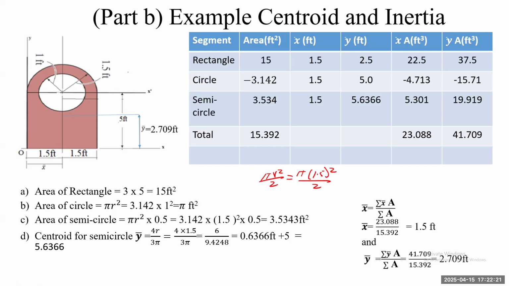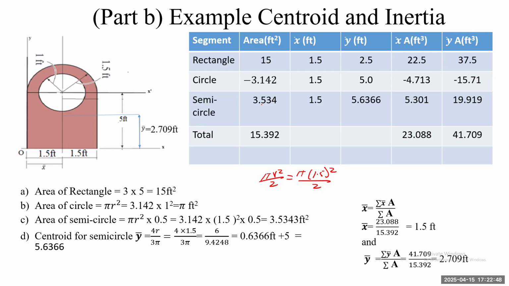Did anybody go through the problem? 1.5 square times pi, you get 7.068 divided by 2. Sir, 3.534. Yeah, right, so it is correct. And that is in square feet, right? So that is correct.